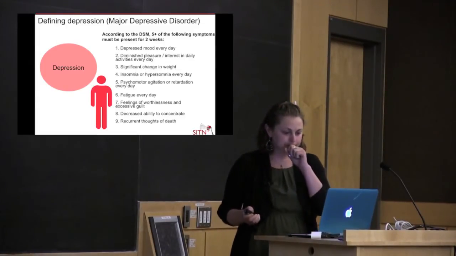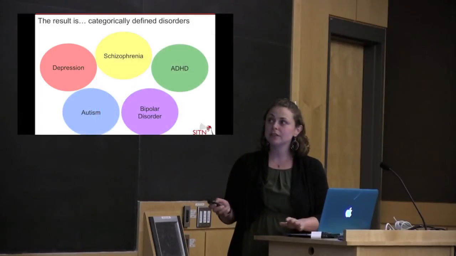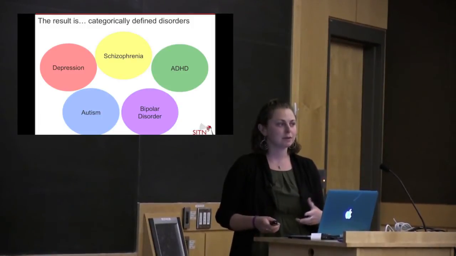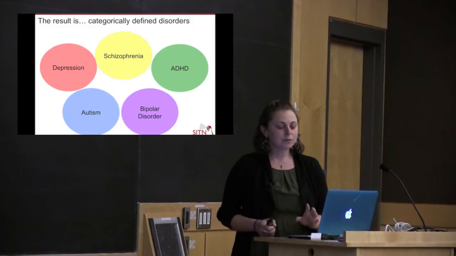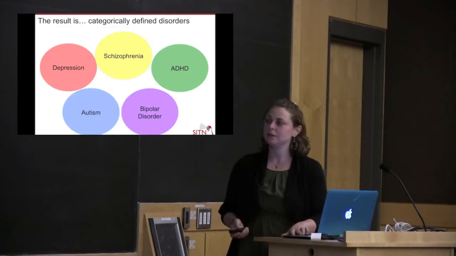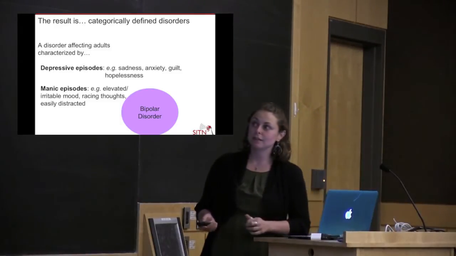I just want to take a few minutes to go through some of the other disorders that I mentioned, just to give you a feel for some of the common symptoms that are experienced, and you might begin to observe that there's some overlap in the symptoms that we see with each of these disorders. So let's start with bipolar disorder, which is a disorder that affects adults.